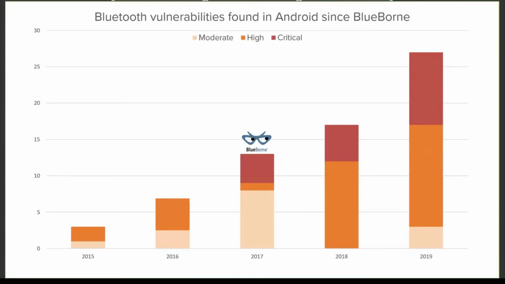You can see the amount of research being done on Bluetooth prior to our publication and after it. You can see that now Bluetooth is a much more researched area than it used to be. I'm not saying we did it all by ourselves, but I think we helped push the wagon with other researchers and shed light on this attack surface, which is now much more researched and looked at than before.